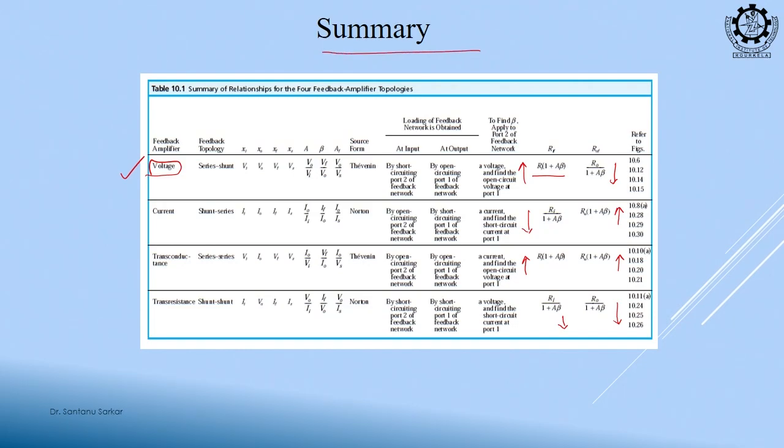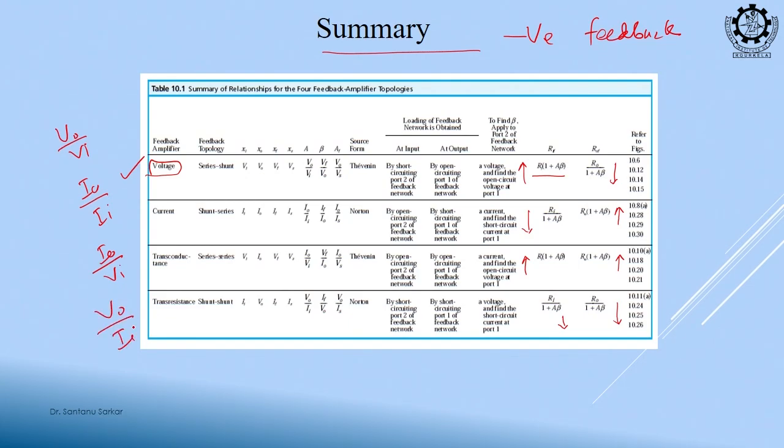We can use this negative feedback to design 4 types of amplifiers. By nature, we can have our output in voltage, input in voltage; output in current, input in current; output in current, input in voltage; and output in voltage and input in current.